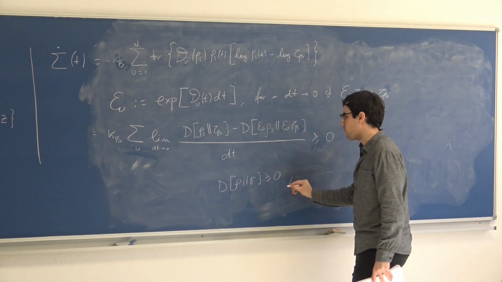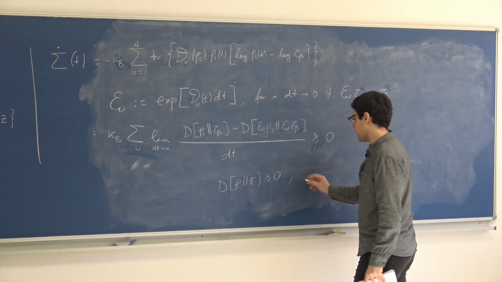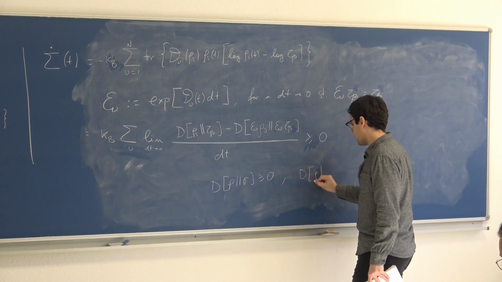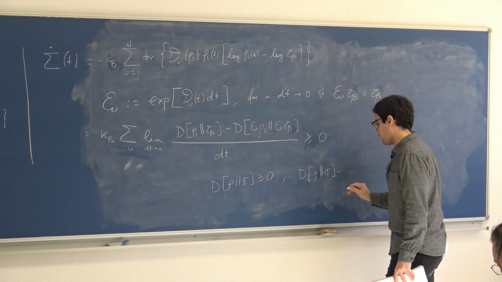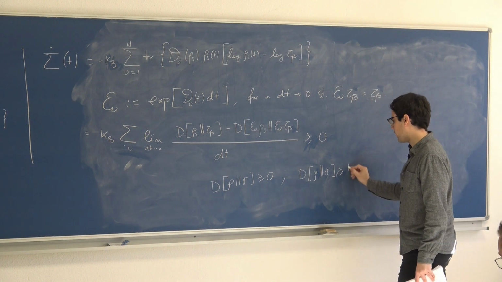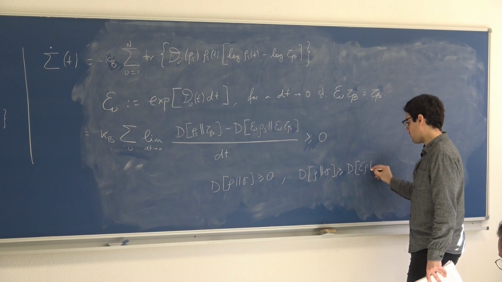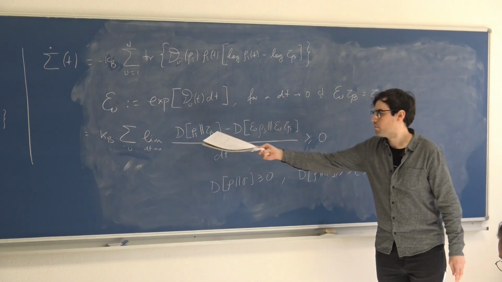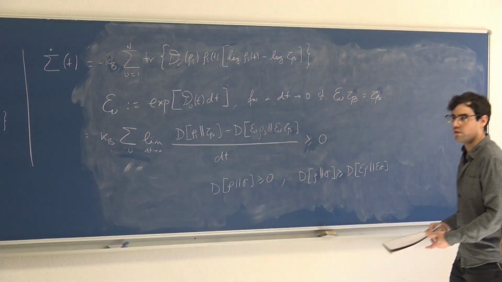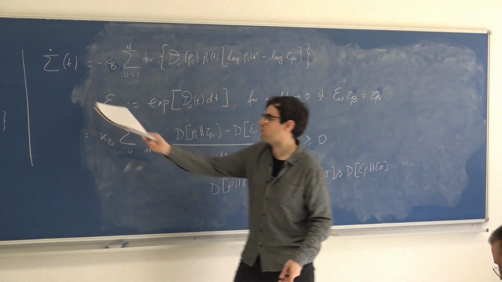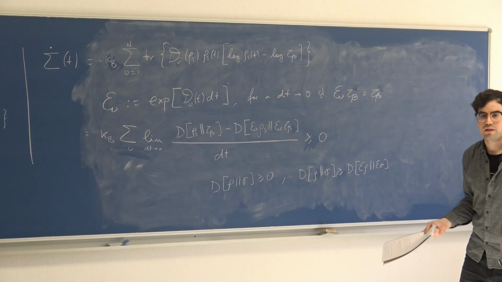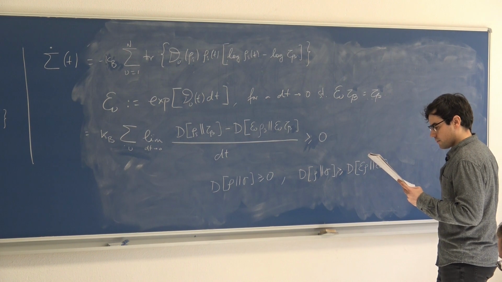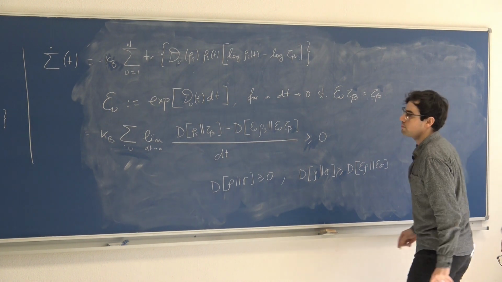And also a property of any CPTP map is that if you have this, it will always be larger or equal than this thing. So this is positive, positive, and this will be larger or equal than 0. So finally, you get to the entropy production being larger or equal than 0, which is what we wanted to show, right? And that's for any CPTP map.